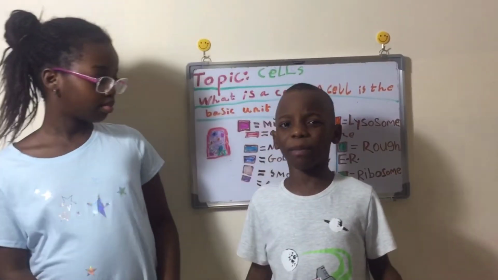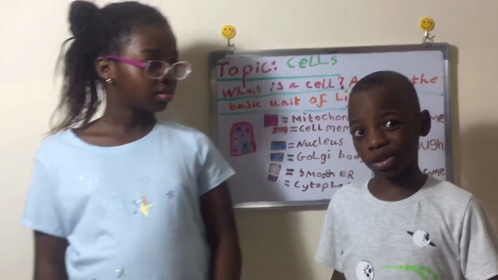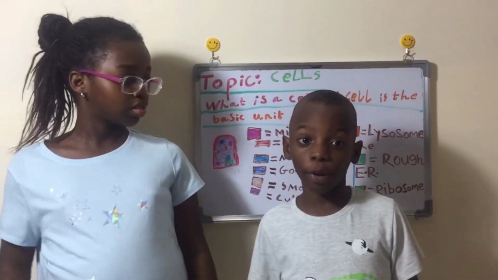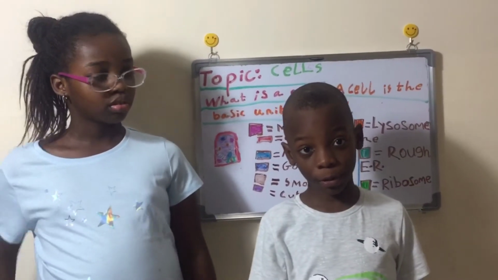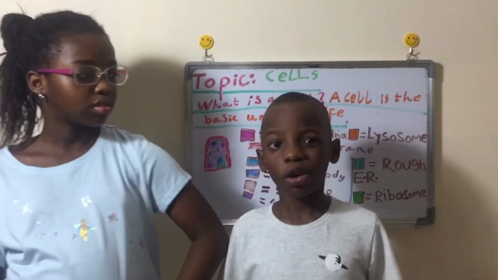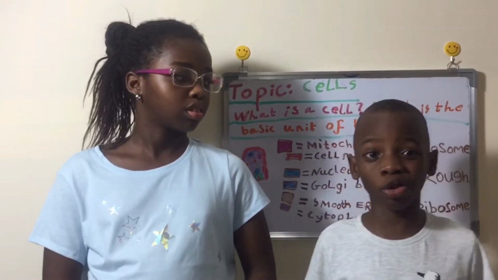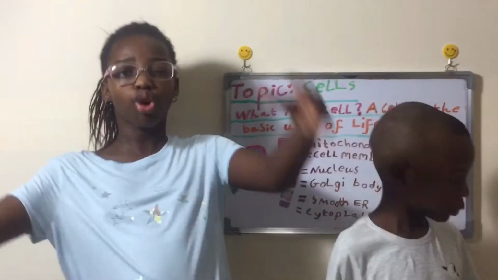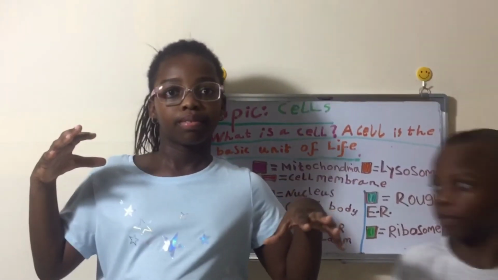So we have talked about animal cells. Now it's time to talk about plant cells. Plant cells have vacuoles and also chloroplasts. So nothing is going to change a little bit, but there are going to be chloroplasts and vacuoles. Vacuoles just store the food.